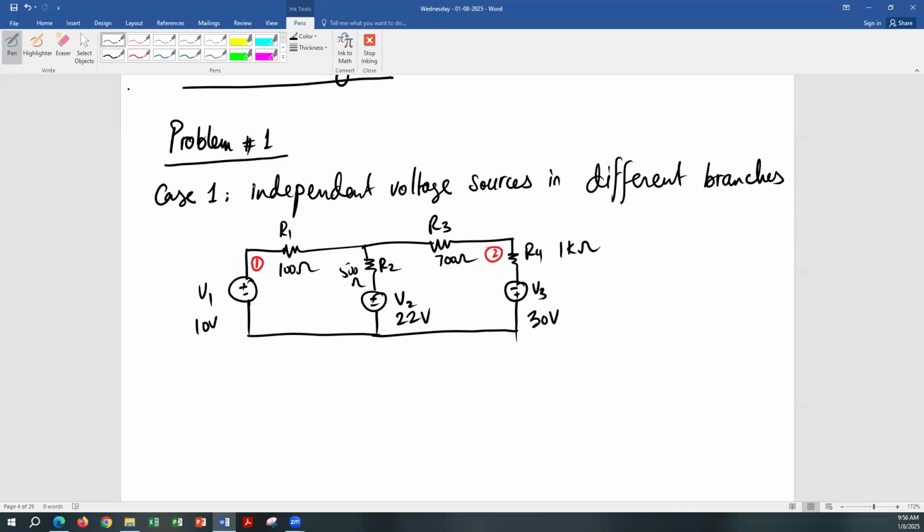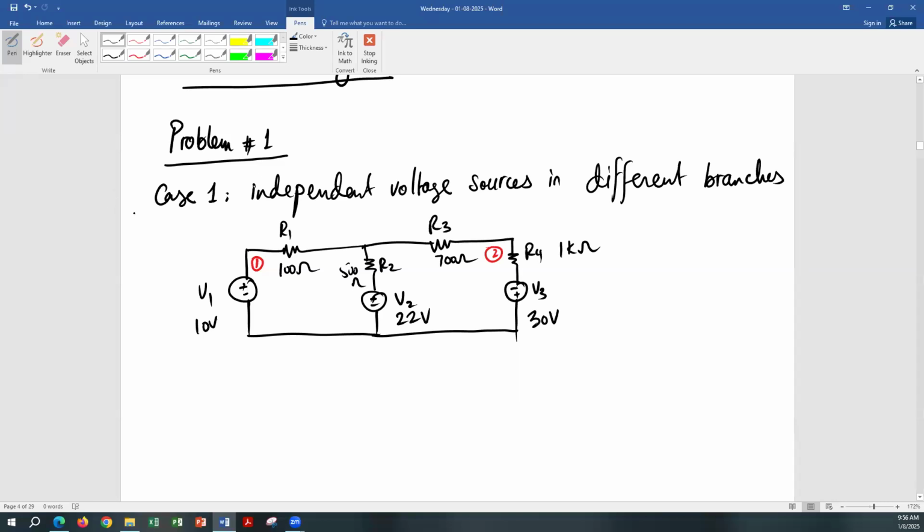But in this case, you can say, I have two loops. But if I make this my big loop, then I have two meshes inside that loop, basically. That's the general difference. But we usually don't really care, and we call mesh and loop interchangeably. But there's a difference.